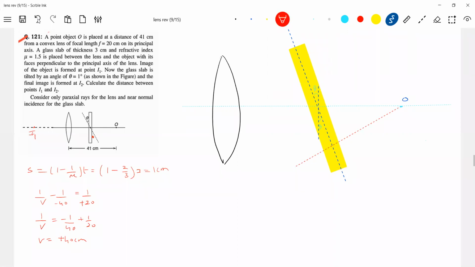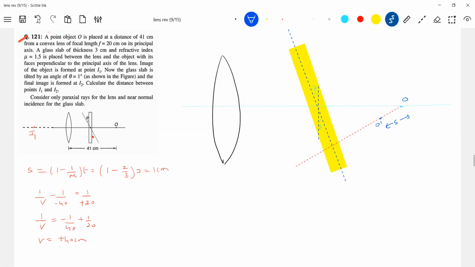So the shift I should not measure along the blue color line; along the red color dotted line I should measure the shift. If the slab is vertical, the shift you will measure horizontal. If the slab is inclined, now the rays are incident normally on the slab, so along that path you should measure the shift.